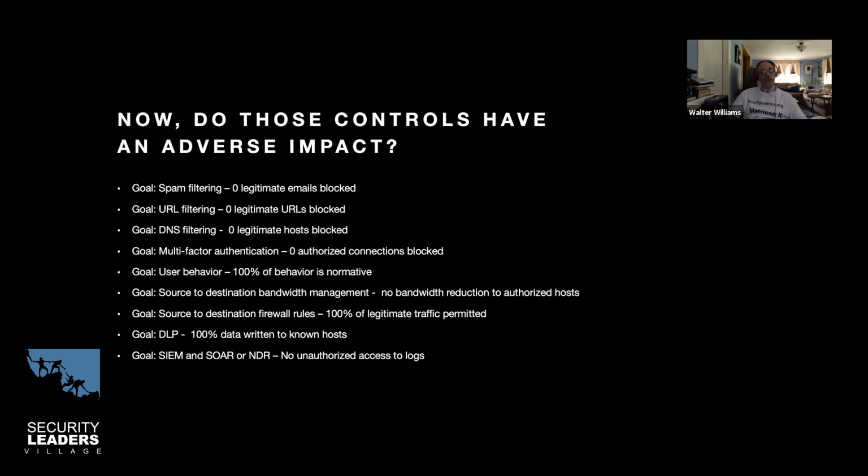You want to ensure with your user behavior that 100% of normative behavior is permitted, that there's no bandwidth reduction to authorized and known hosts, that 100% of legitimate traffic gets through your firewall, and that all your data is written as it should be to known and authorized hosts. And finally, of course, with your SIEM and your SOAR or your NDR, that there's no unauthorized access to your logs. And if so, you've had a breach of privacy.